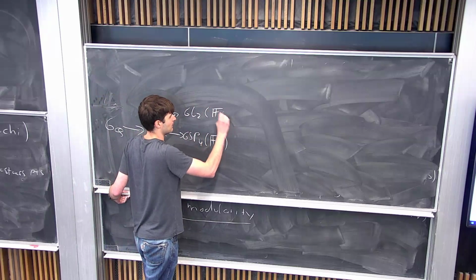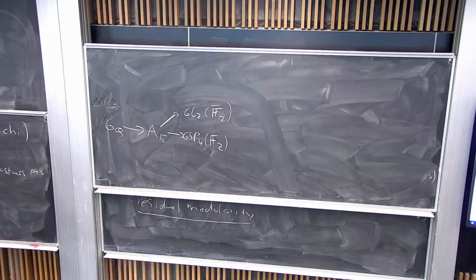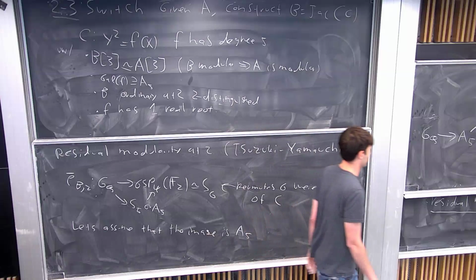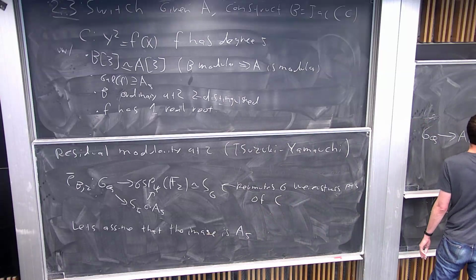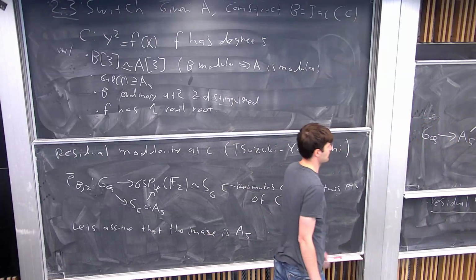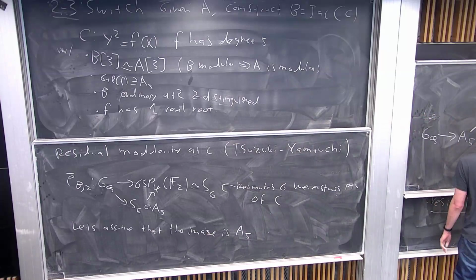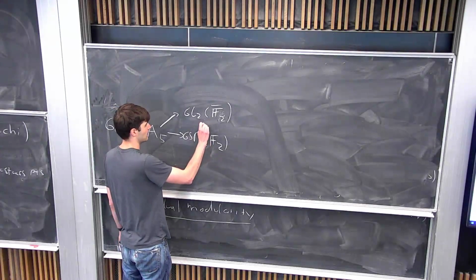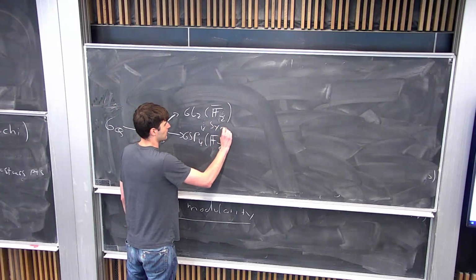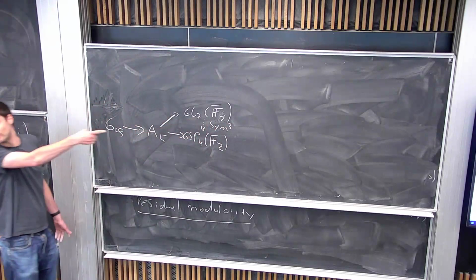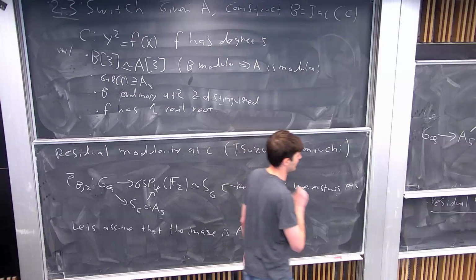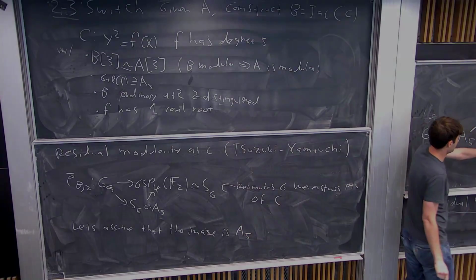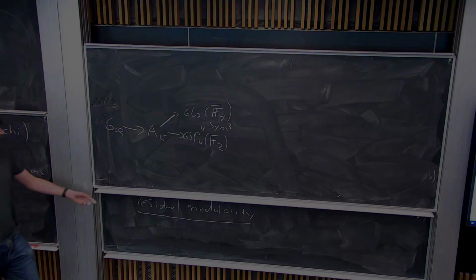Sorry. And it doesn't really matter which one I choose for the following purposes. And the relation between this 2-dimensional representation and this 4-dimensional representation is that this is actually the symmetric cube of this, at least it's isomorphic to it. So this representation can't be realized over F2, obviously. It's realized over F4. And its symmetric cube is this 4-dimensional representation.